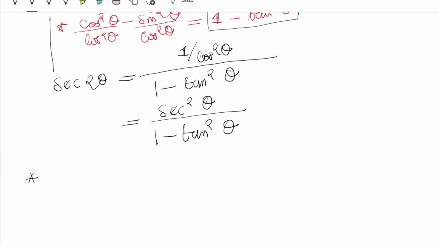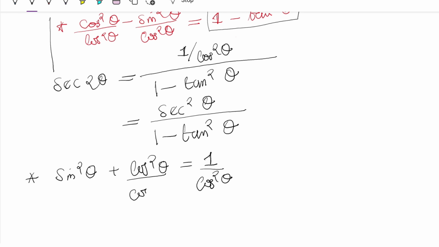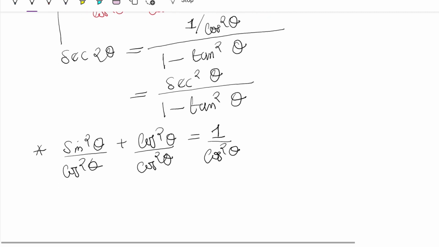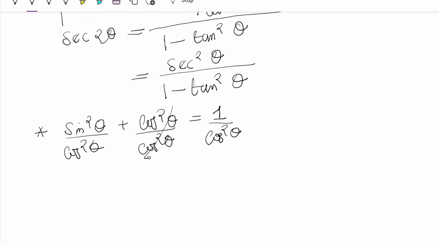Something we need to remember, we said sine squared theta plus cos squared theta is equal to 1. So we have sec squared theta, which is 1 over cos squared. We can divide this side by cos squared theta so that we have the sec. We do the same here, and the same here. This gives a 1, that gives a 1, and this gives a tan.